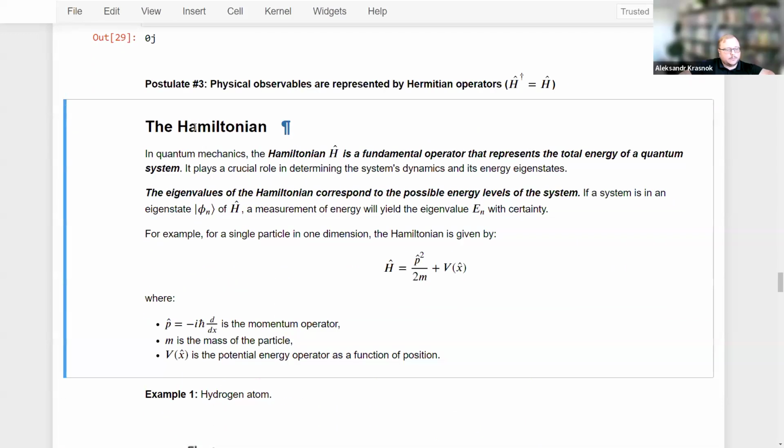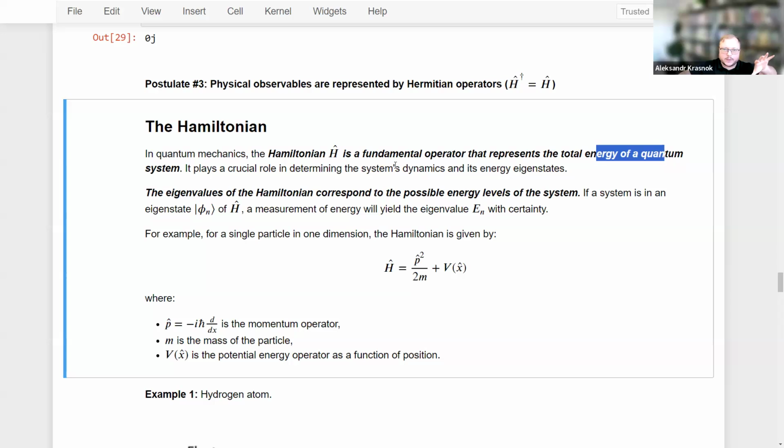One particularly important type of operators is called the Hamiltonian. Okay, so many words today, but you will get used to them. So what is a Hamiltonian? A Hamiltonian is simply the operator of the total energy. When you describe the system, you find the total energy. So this operator represents the total energy of your quantum system.